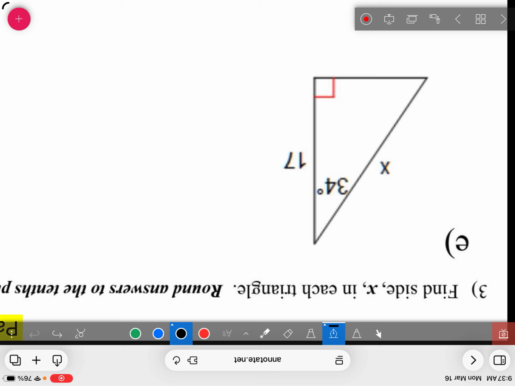This is just the first day. So you gotta pick based off what you label, if it's sine, cosine, or tangent.